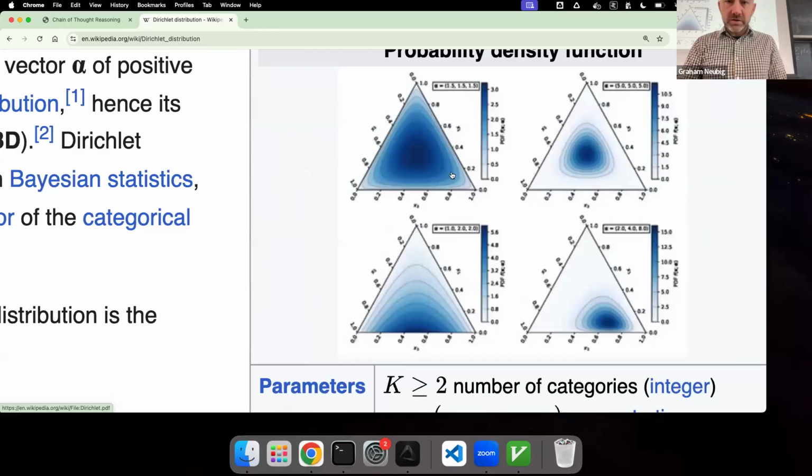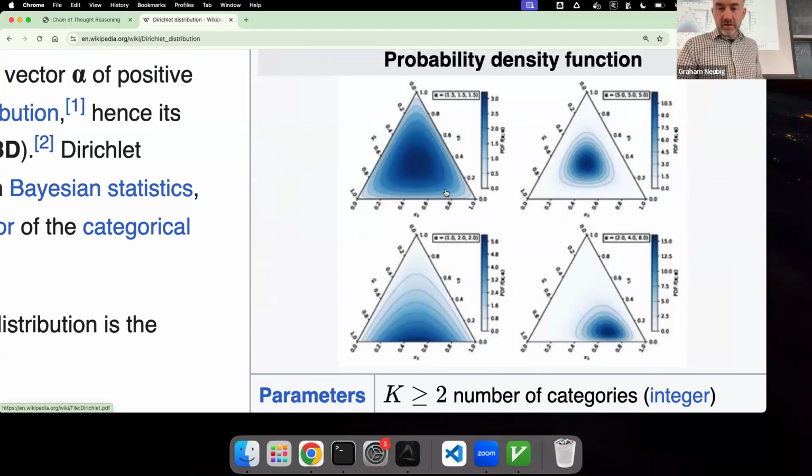You can go through all of the math on Wikipedia or a tutorial, but what it boils down to is this.